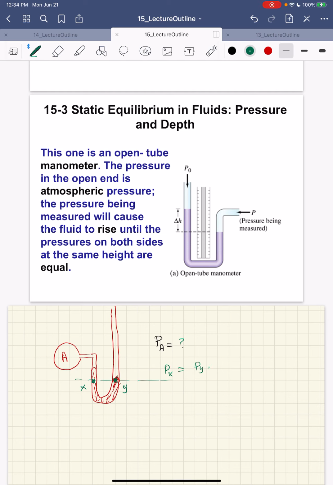Then here we are talking about that extra pressure that is added, which of course is going to the equation that we are going to discuss now.